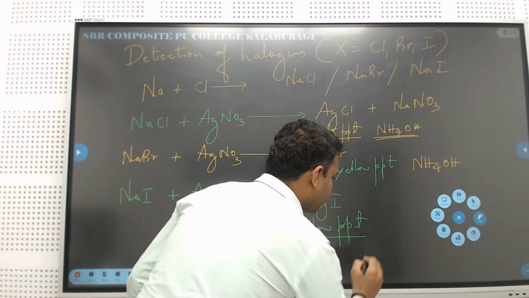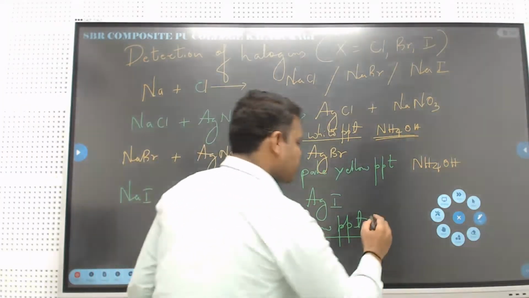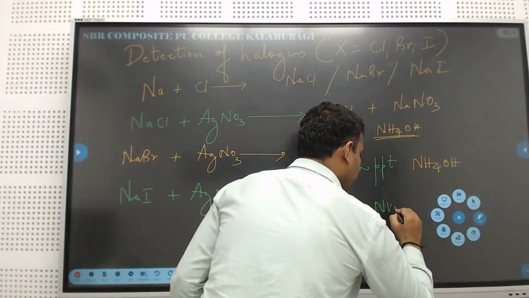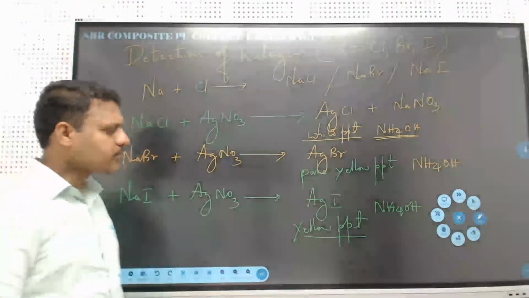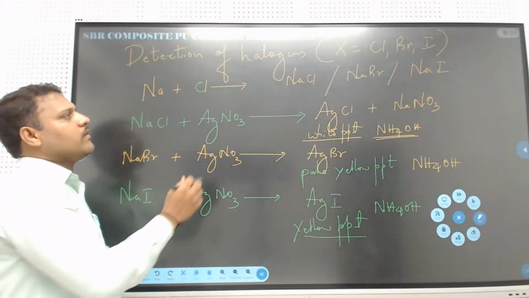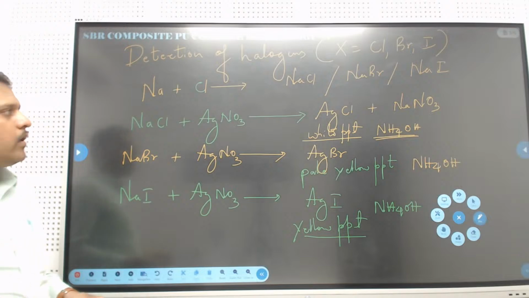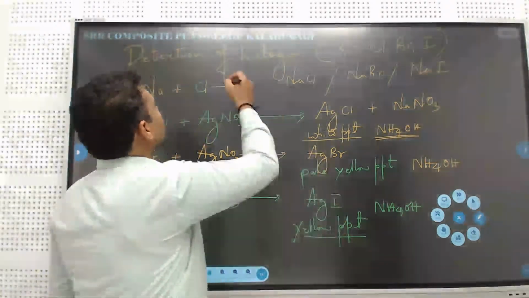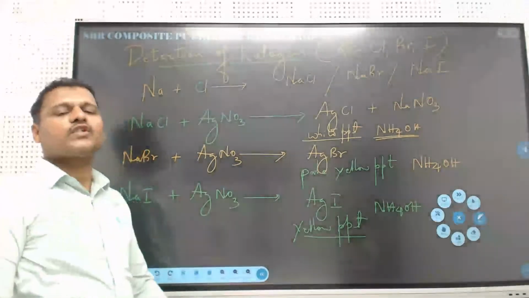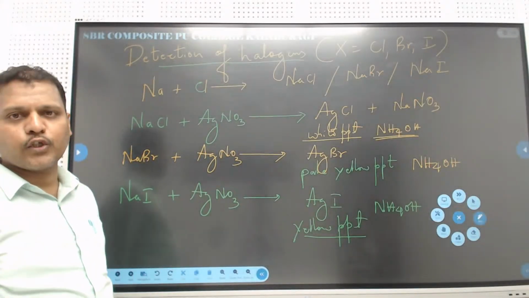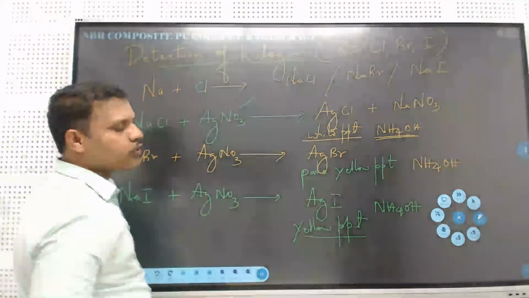And this yellow precipitate is found to be insoluble in excess of ammonium hydroxide. So a question will be asked on the detection of halogen. We should remember, students, that for the detection of halogen, the sodium fusion extract is first treated with dilute HNO3, boiled, and only then should AgNO3 solution be added.